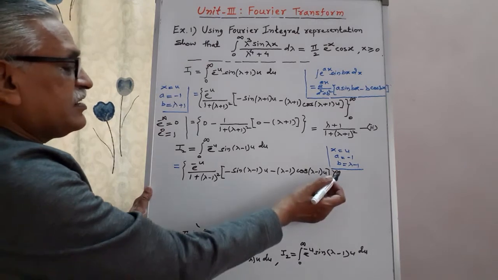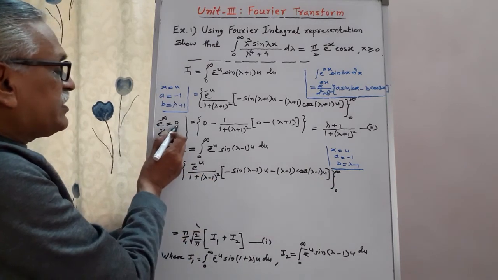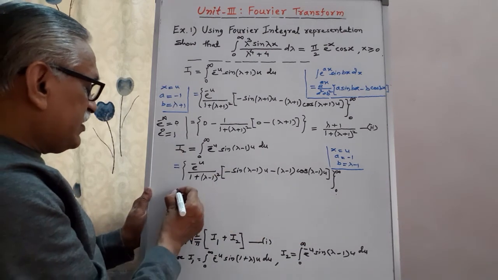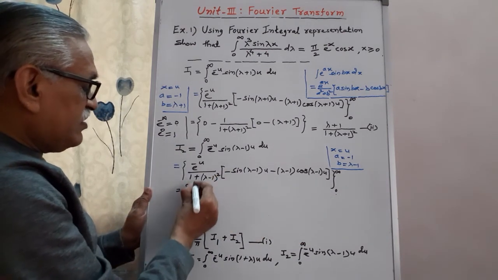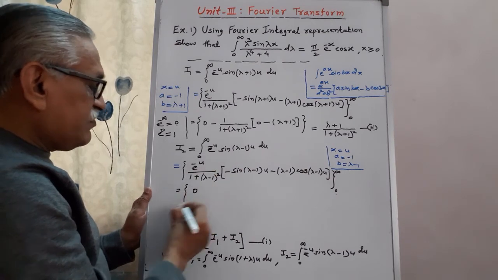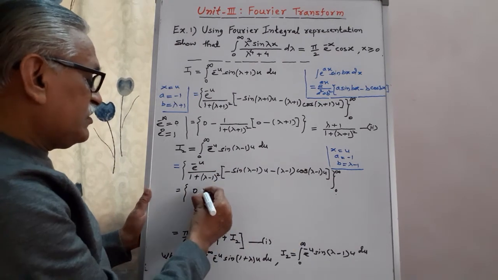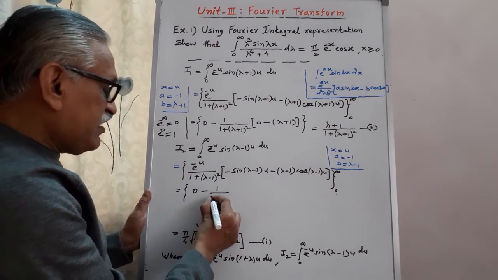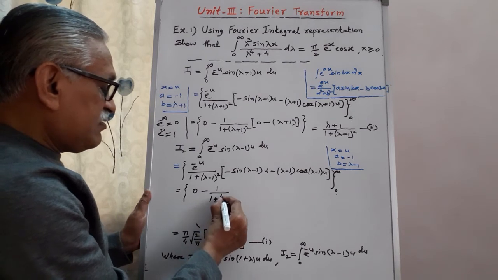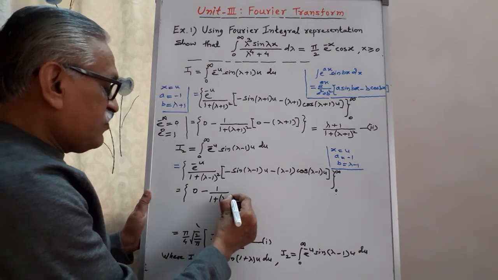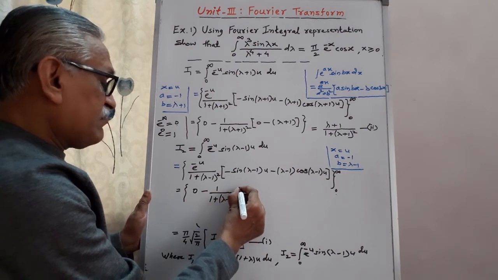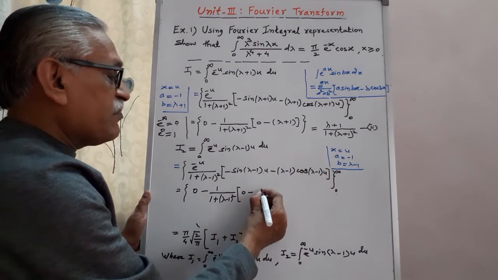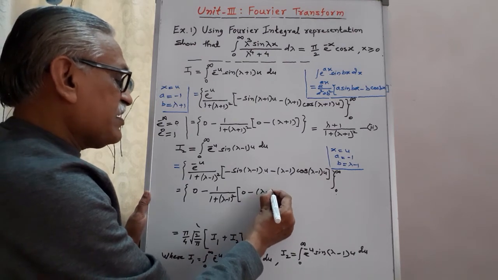And therefore, once again, for the upper limit it becomes e raised to minus infinity, value 0. For the lower limit it becomes e raised to 0, 1. Therefore e raised to minus infinity as 0, this complete term becomes 0, minus e raised to 0, 1 divided by 1 plus lambda minus 1 bracket square, sin 0 is 0, cos 0 is 1, therefore minus lambda minus 1.